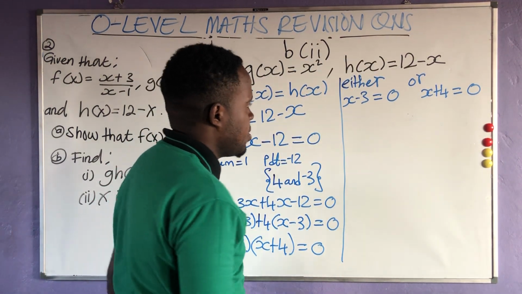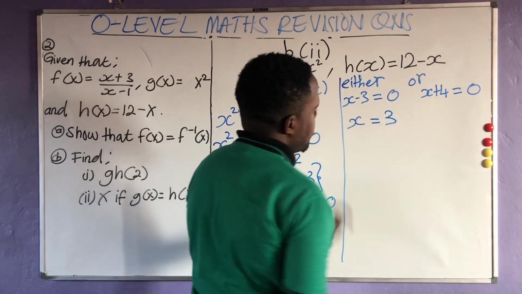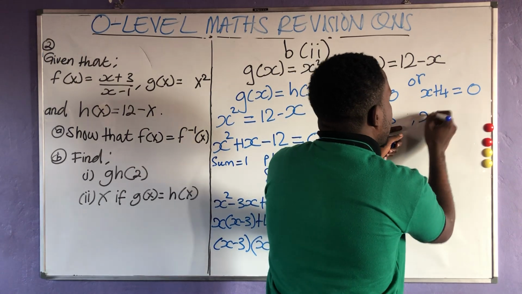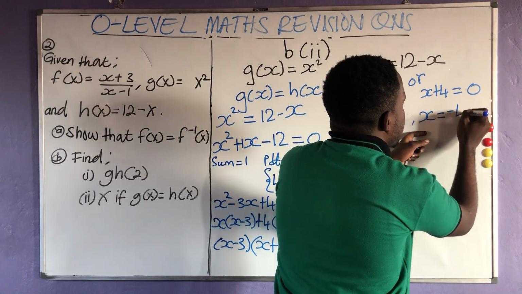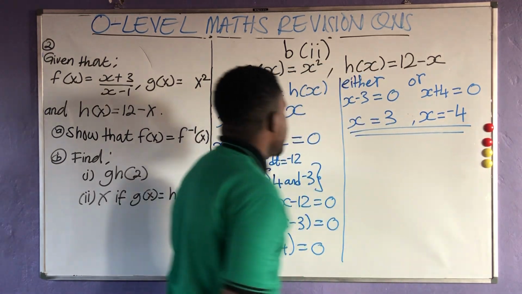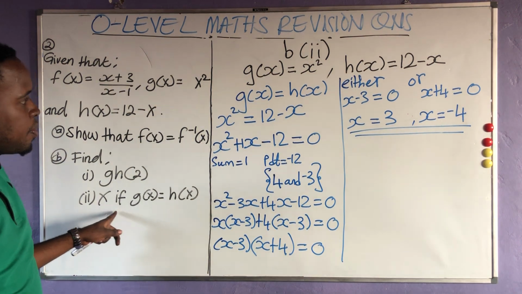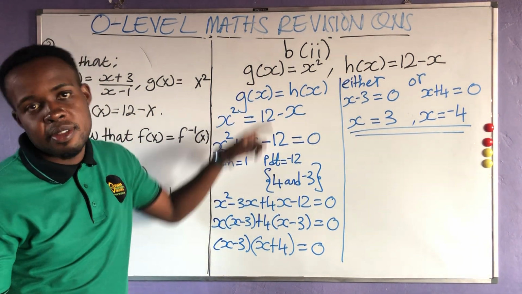So friends, from this we shall have our final answers for x as positive 3 there, and here x as a negative 4. That is our value of x for which these two functions are equal.